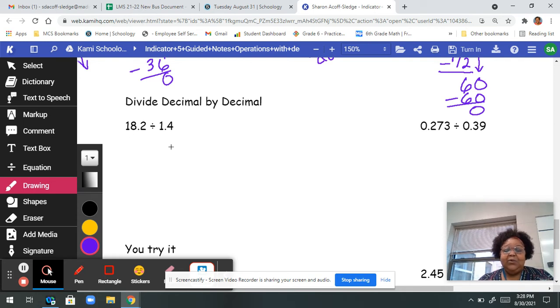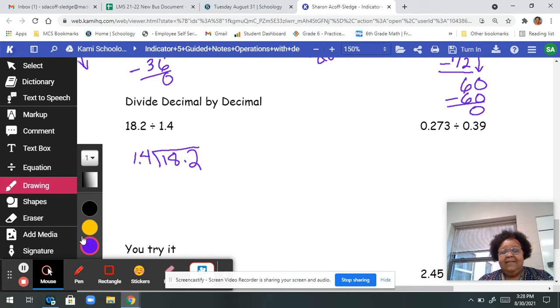Now this next one, we're going to divide a decimal by a decimal. 18 and 2 tenths divided by 1 and 4 tenths. So it's a little trick here. We know the 1.4 goes outside the house and the 18.2 goes in the house.